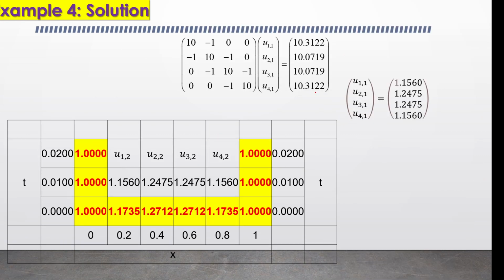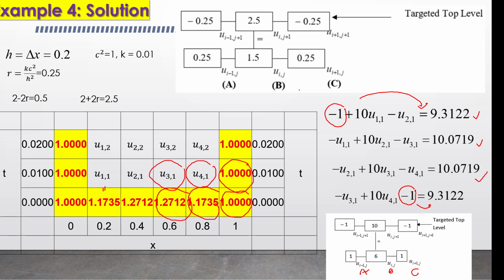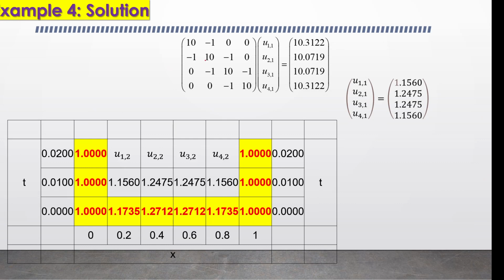So only for the first and last equations you need to correct with the boundary: the left boundary, and this one the right boundary condition. You notice it is always a tridiagonal matrix, where the coefficients of matrix A come from the center top coefficients, negative 1, 10, negative 1, which is tridiagonal.